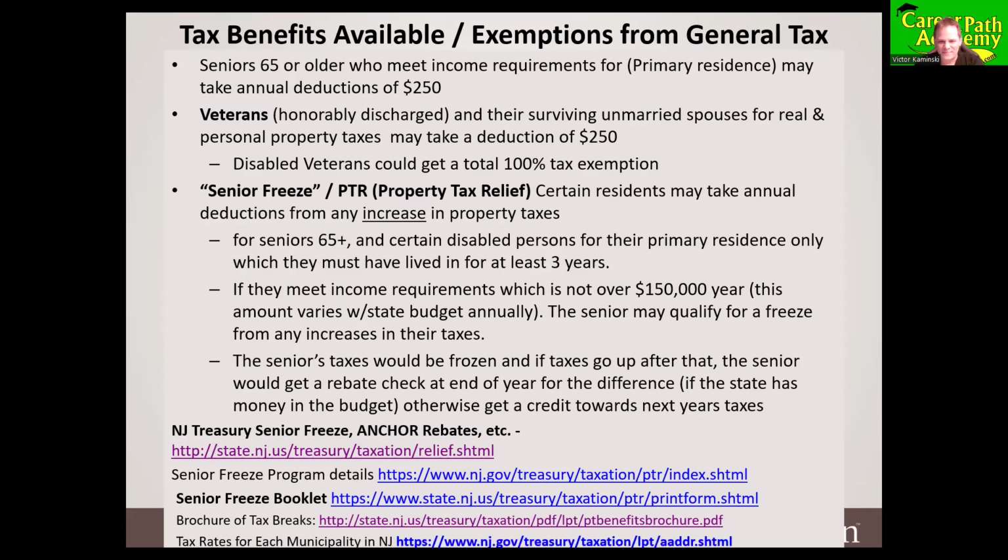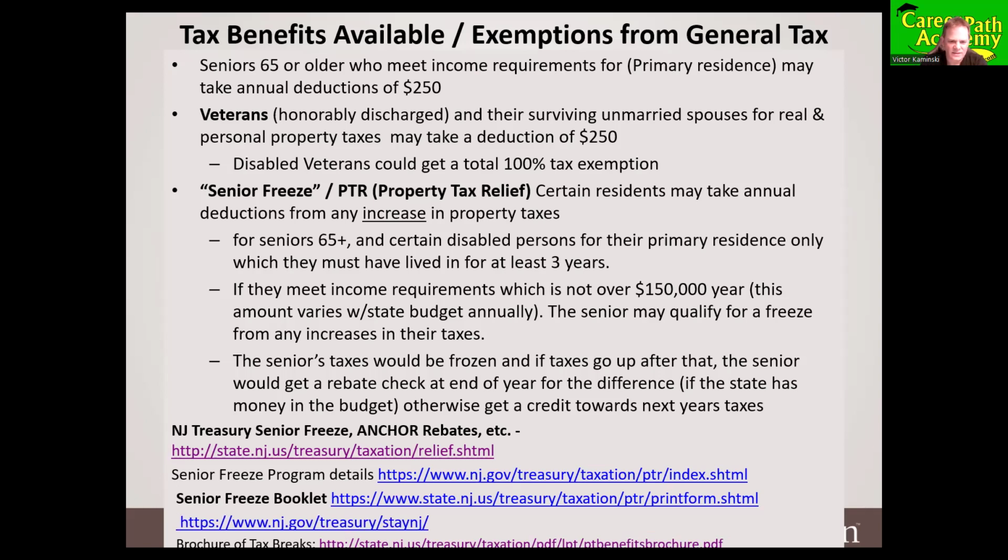All right. So there's an update to that senior freeze details, the booklet, and here I'll see if I could squeeze it on the slide yet. The NJ Stay program. Okay, so this is that proposed program. Sorry, I'm spending a little time on this, but I want you guys to be able to get these benefits here.